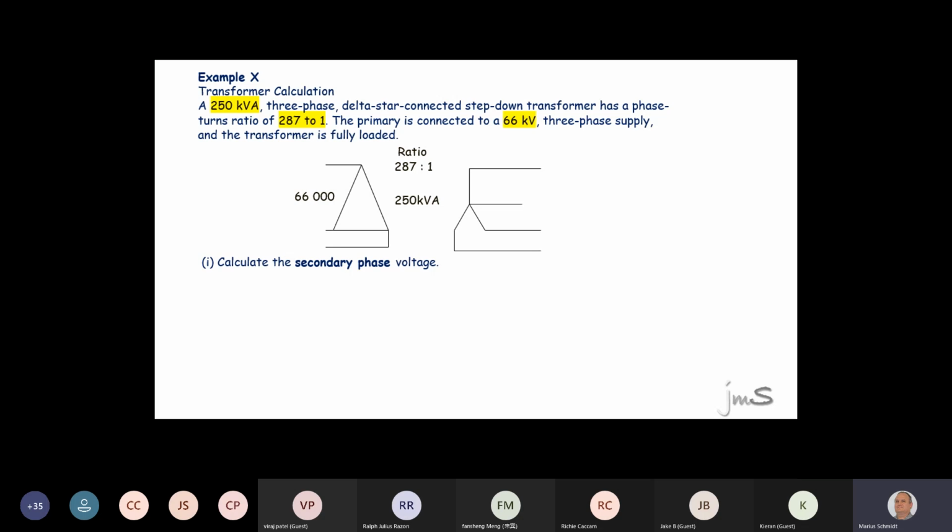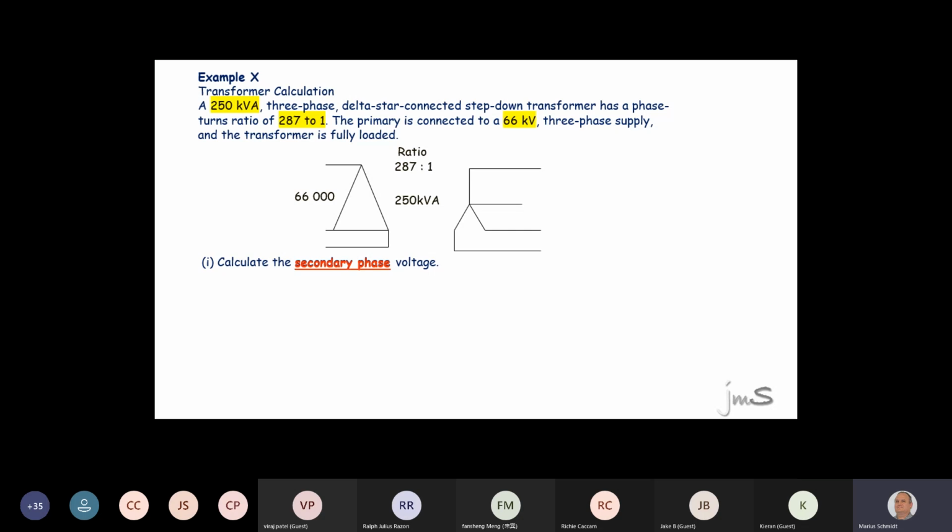Now, gentlemen, ladies, this example is called X because trainees told me I had this example in the exam and that was the same values. All what I did was I made up my own story and I gave you a drawing. Now, the question is, what is my secondary phase voltage? Now, does anybody know where the phase voltage is?